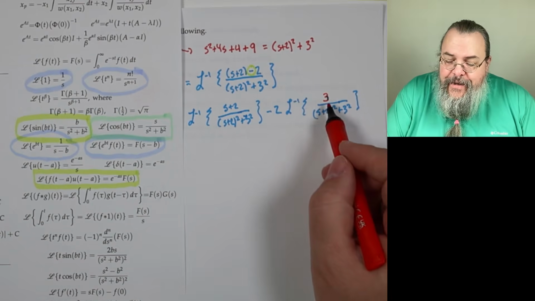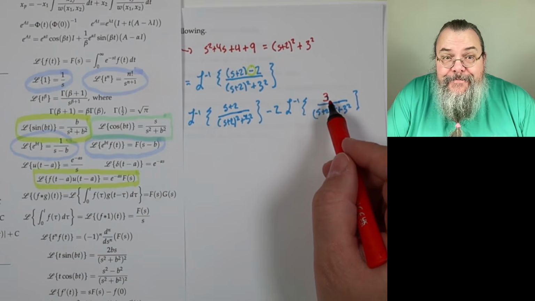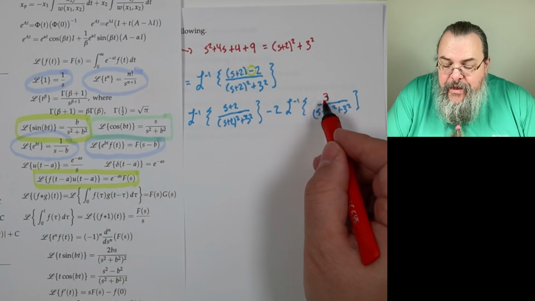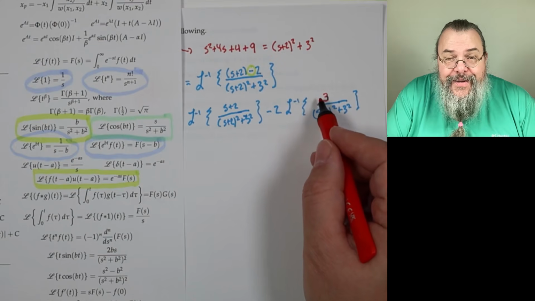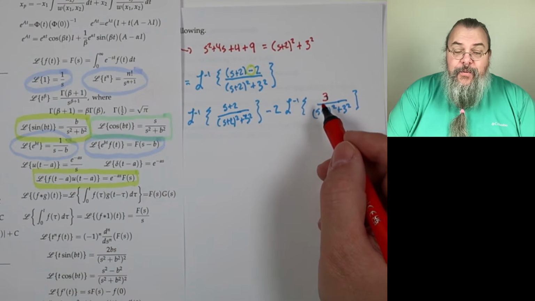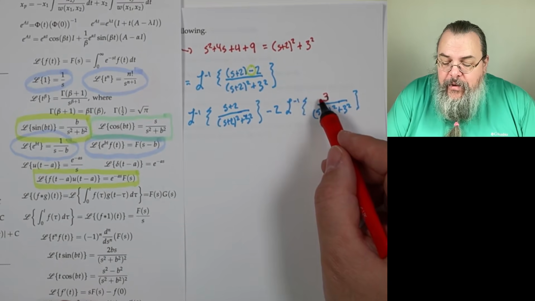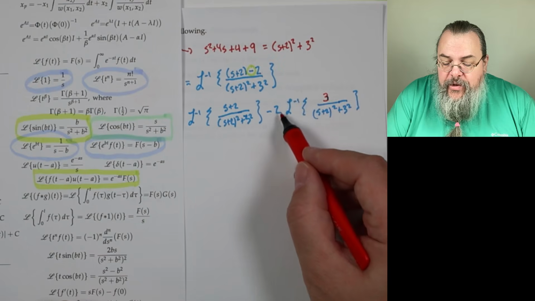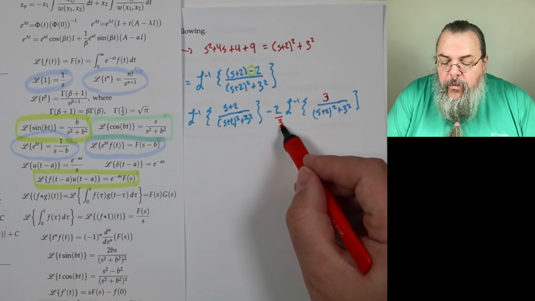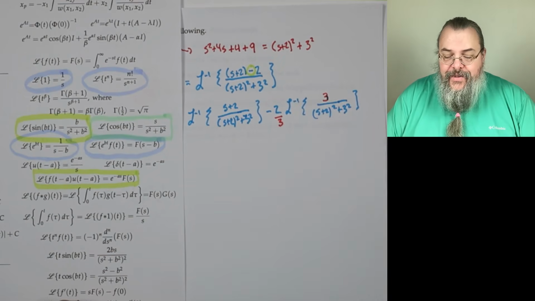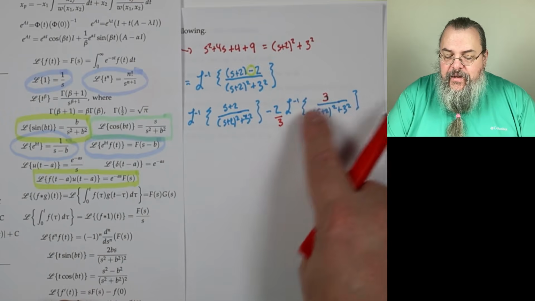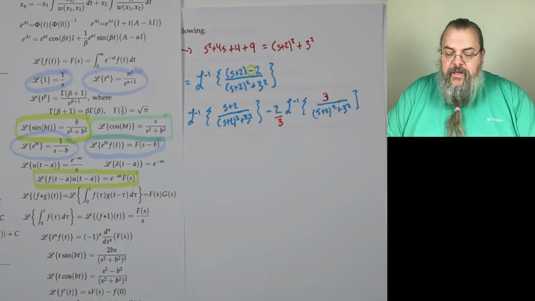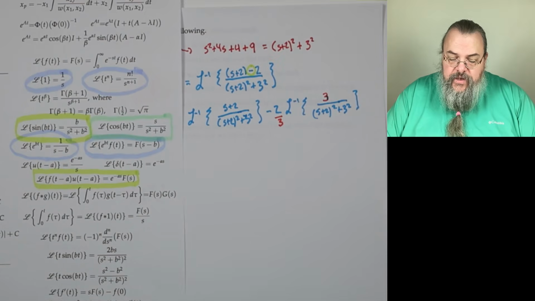So how can I compensate for that new 3? I can put a 1/3 times it, because you can add 0 or times 1. And then I can pull the 1/3 out in front. So that 3 is to compensate there. And now we're in our home stretch.